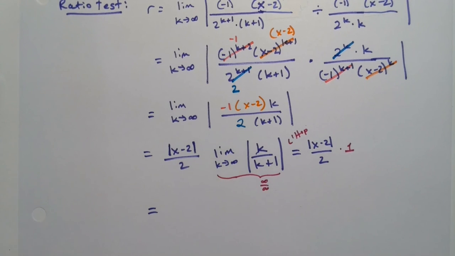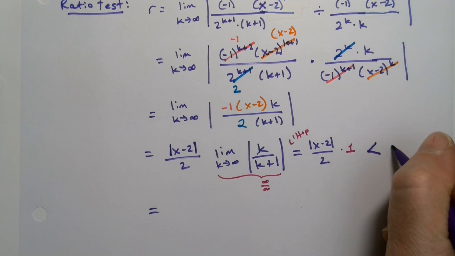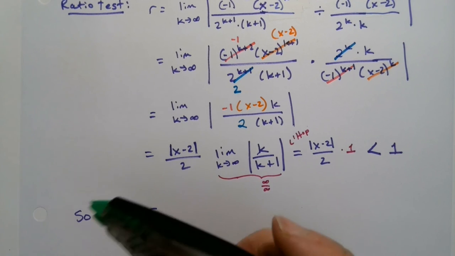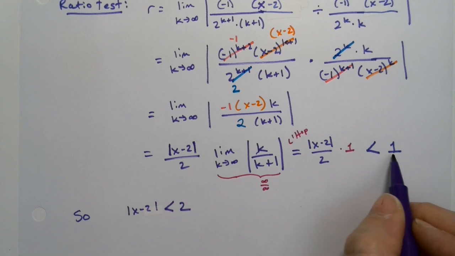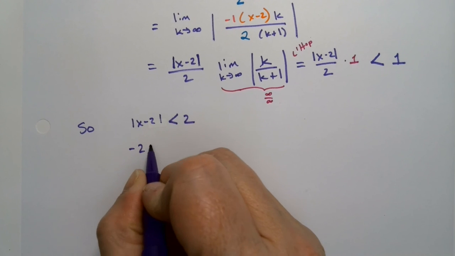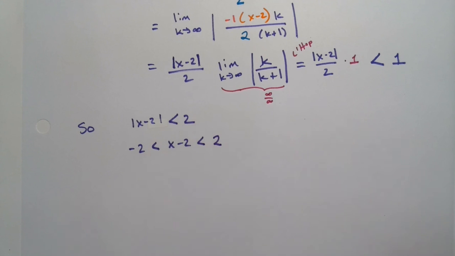Now remember, in order to be convergent, we need this to be less than 1. So we need the absolute value of x minus 2 to be less than 2, right? Because you multiply both sides by 2. And that means that negative 2 is less than x minus 2, which is less than 2.